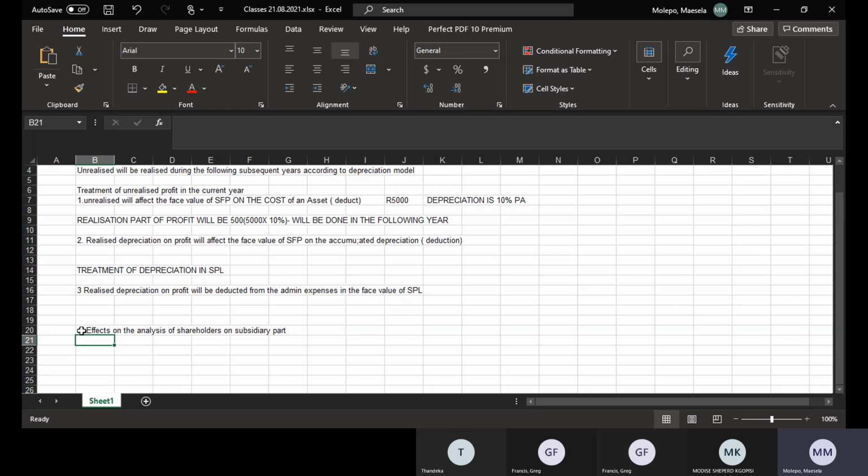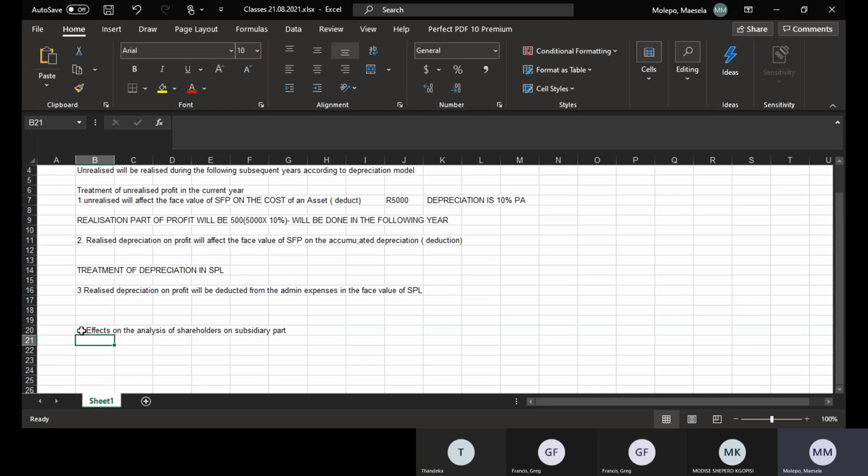So if you sold the asset last year and you made a profit of 5,000, and then they tell us that this asset must be depreciated by 10%, it means the 500 for last year will be deducted in the last financial year.